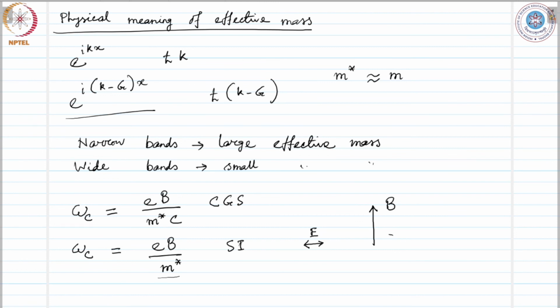So, the electrons may be made to orbit like this, and when it reaches resonance subject to this electric field, then at resonance we can find out the resonance frequency subject to the electric and magnetic fields, and then we can find out the effective mass from this expression. This is how we can determine the effective mass from experiment.